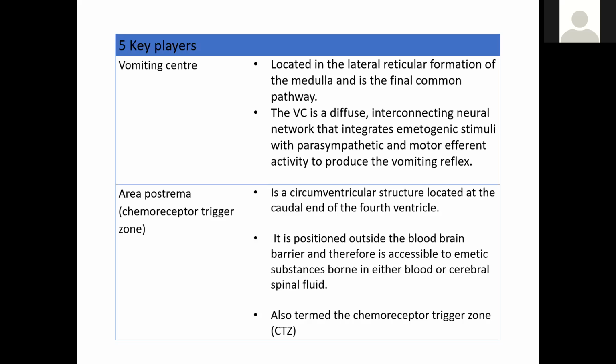So it is a very important center regulating many of the vomiting cases that we see in day-to-day patient care. An example would be chemotherapy. The drugs which cause vomiting act at the chemoreceptor trigger zone. In the blood, they will reach the chemoreceptor trigger zone because it is placed outside the blood-brain barrier.